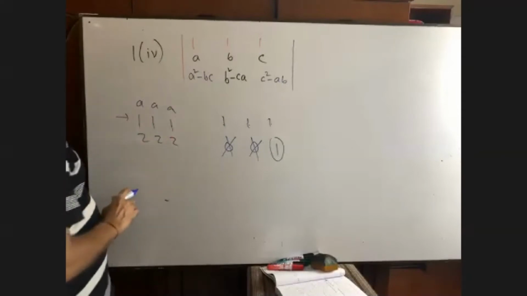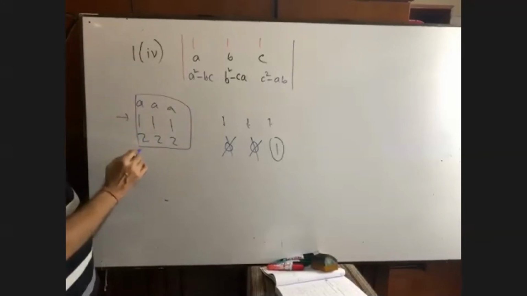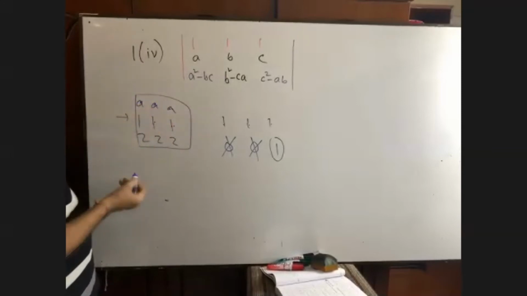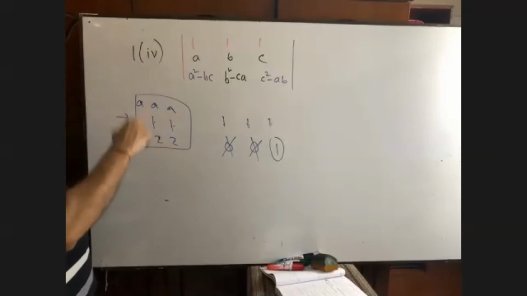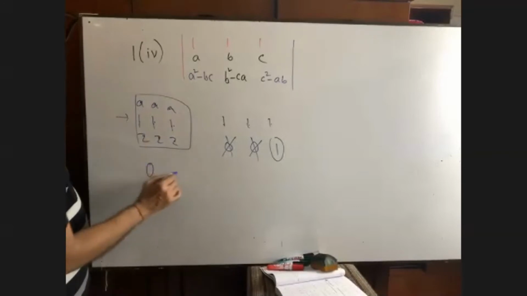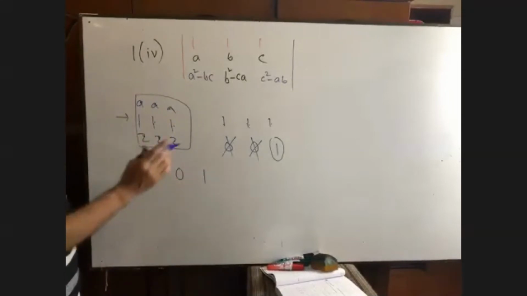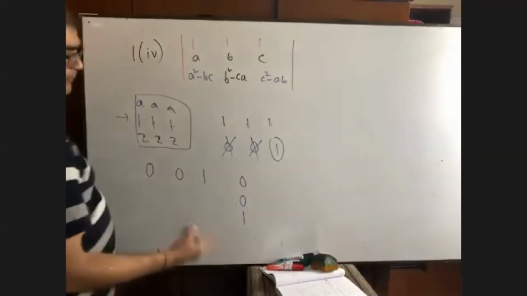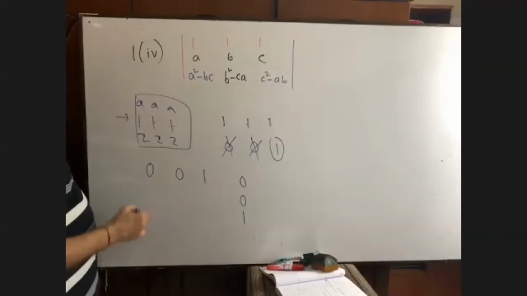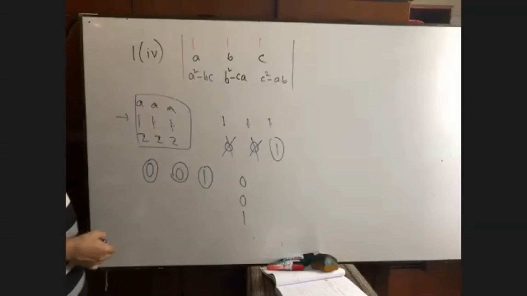The second thing to memorize is that after getting this, if I subtract 1 minus 1, 0, or a minus a equals to 0, or 2 minus 2, 0, our second goal will be to get at least 2 zeros in a row or in a column. It may be like this or it may be like this. That means in a row or in a column, I have to get 2 zeros. It means that it is wholly and fully 0. We'll be left only with the third entry of the first row.